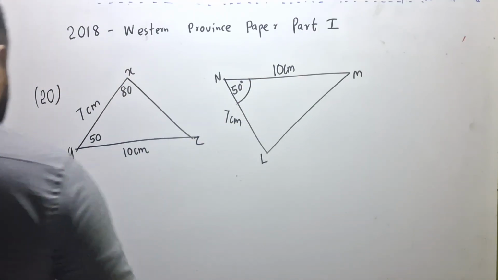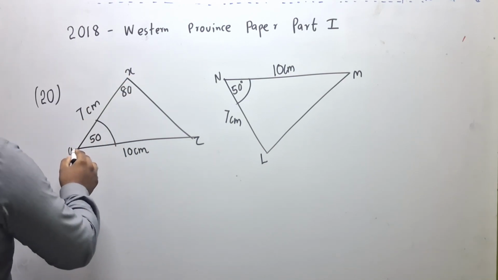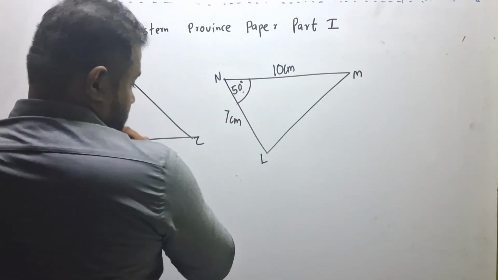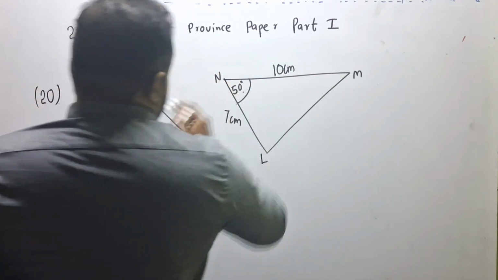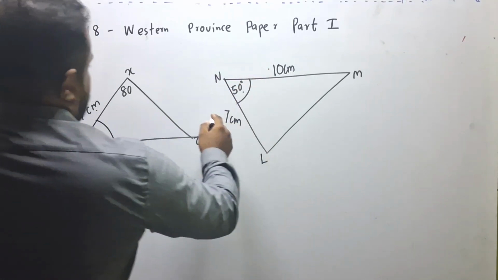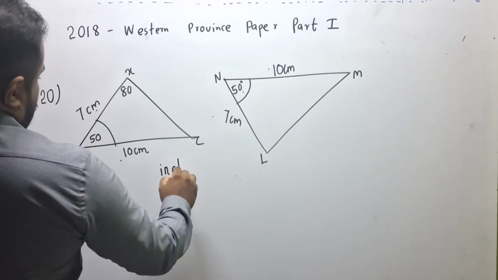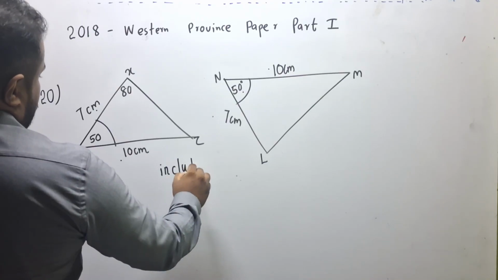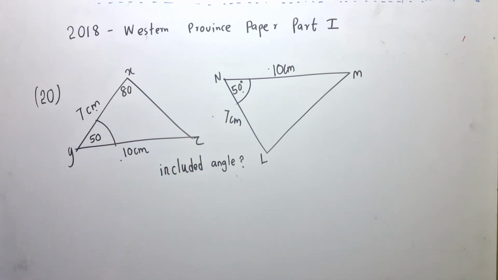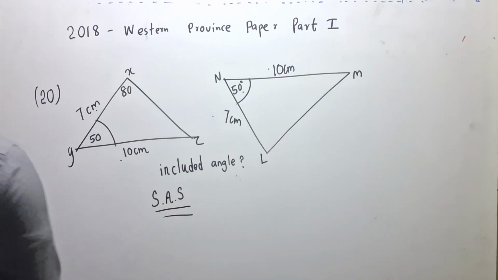Can you see this 50 degrees is inside the XY and YZ sides, and this 50 degrees is also inside the LN and MN sides, and those side lengths are equal. So what is the congruency method we use with an included angle? Included angle, it's side angle side. The case is side angle side.